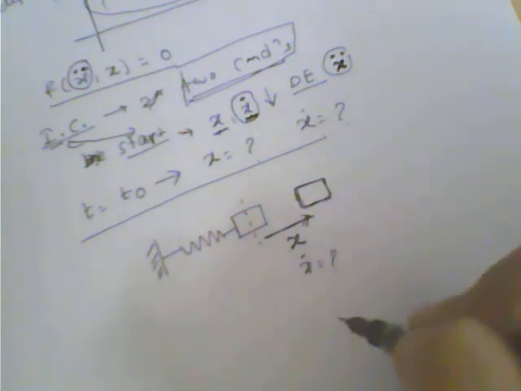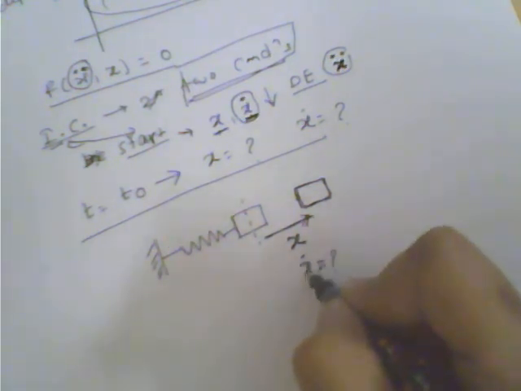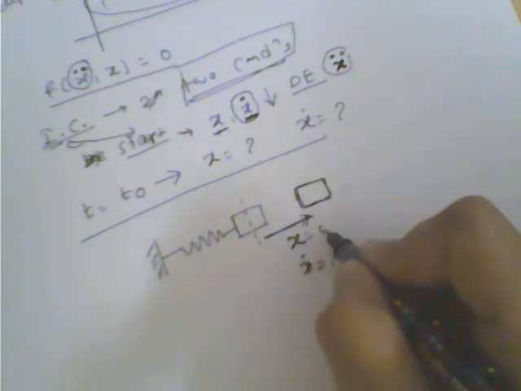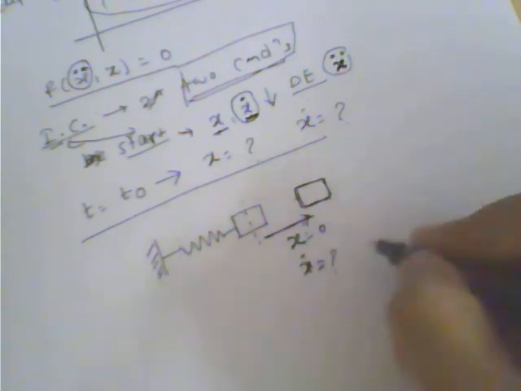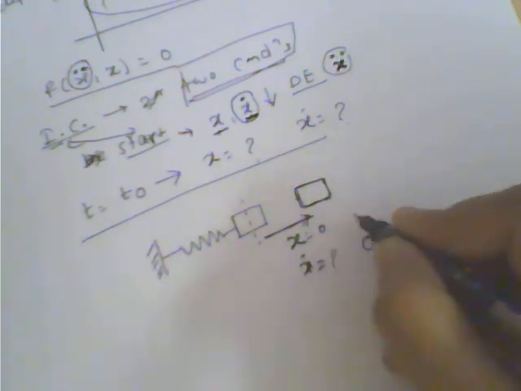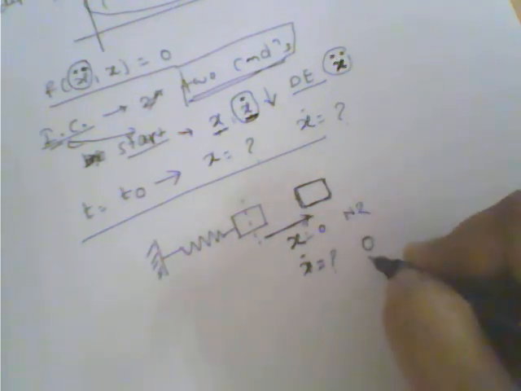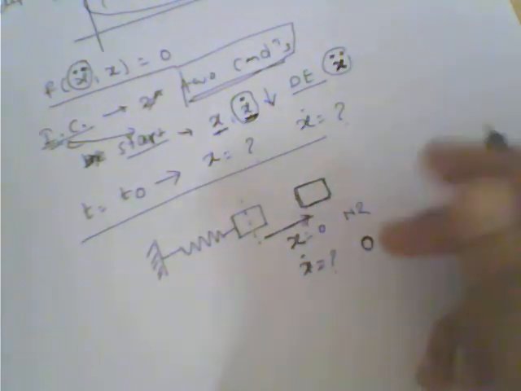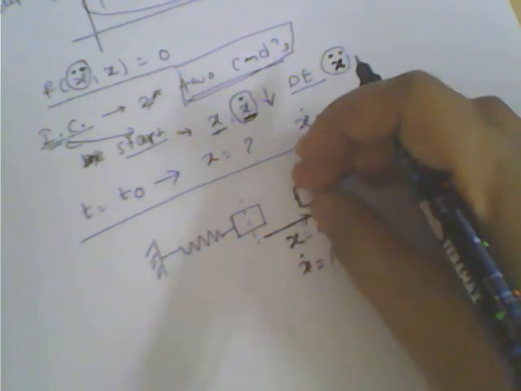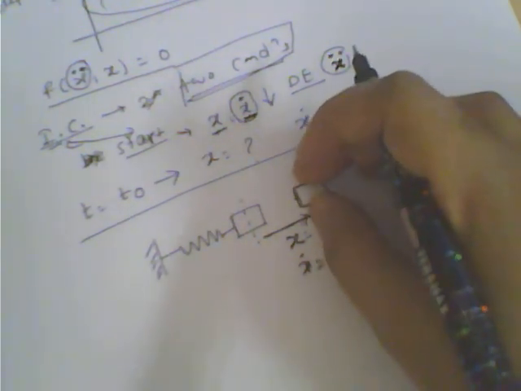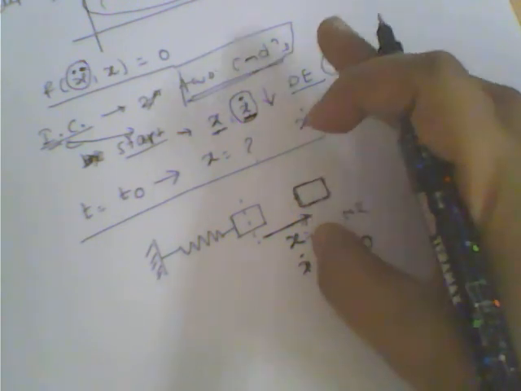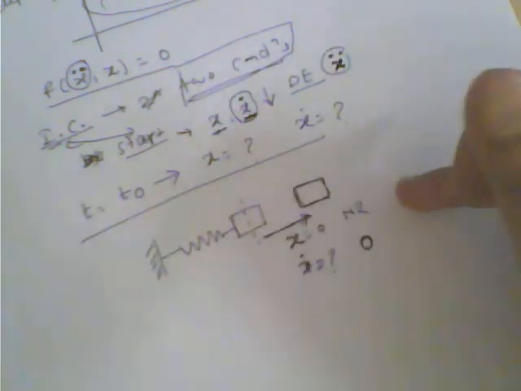If there is, how much is that x dot? Either you can give x as 0 and some x dot, or you can give some non-zero displacement to start with and 0 initial velocity. That is, the mass is at rest at the start, you leave it, and then it performs oscillatory motion.